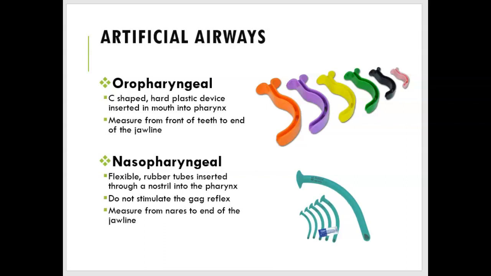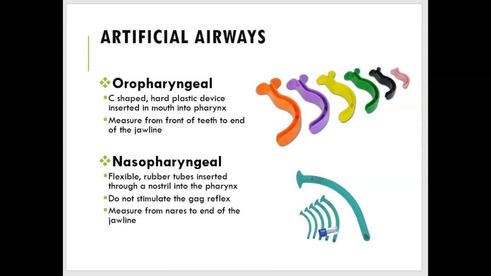Oropharyngeal airways. Again, I think I had a sample of that in class. It is a C-shaped hard plastic device inserted into the mouth and into the pharynx. It keeps the tongue from going back into the throat and blocking the airway.